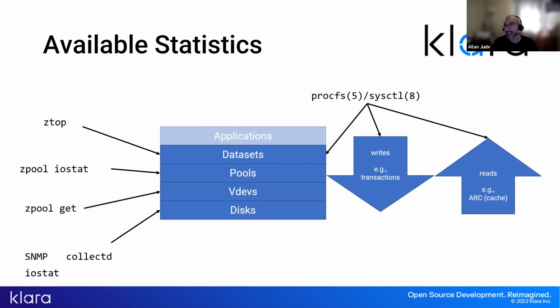They might be coming in really scattered from your application, but then ZFS is aggregating them. Or they might be coming in nice and linear from your application, but because of your pool layout, ZFS is having to split them up across a bunch of different VDEVs, or if you're out of space or it's too fragmented or whatever it could be. And so seeing how ZFS is having to change that write as it goes through the layers can also indicate to you where there might be an issue or a suboptimal configuration.